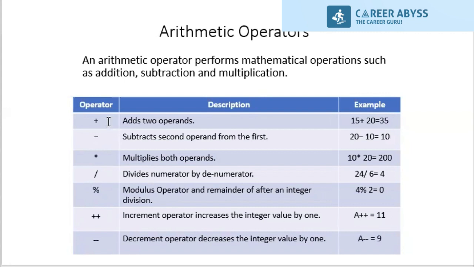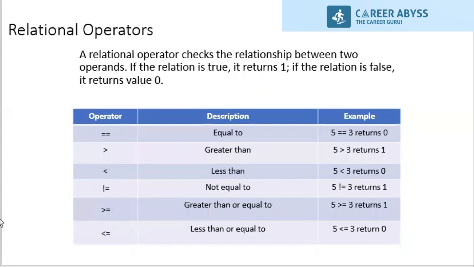That's how we are using all these arithmetic operators. We have relational operators to compare between two values. It holds the equal operator, greater than, less than, not equal to, greater than or equal to, and less than or equal to operators. So these are the relational operators.